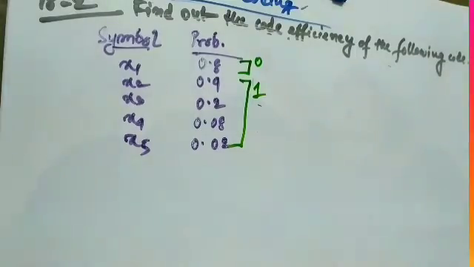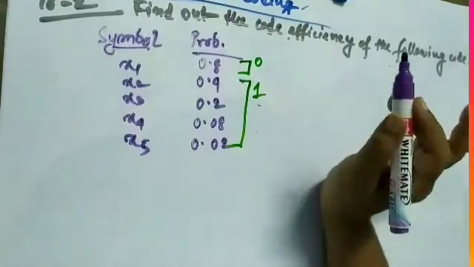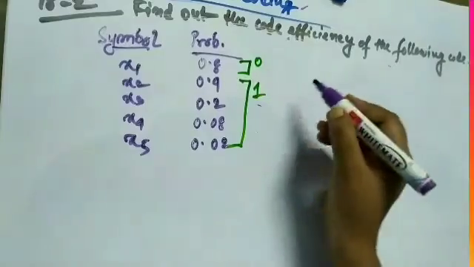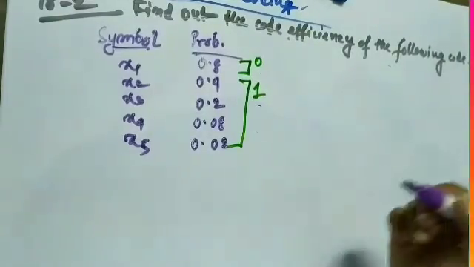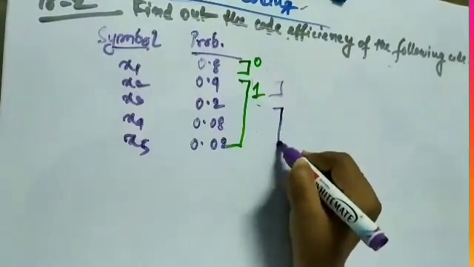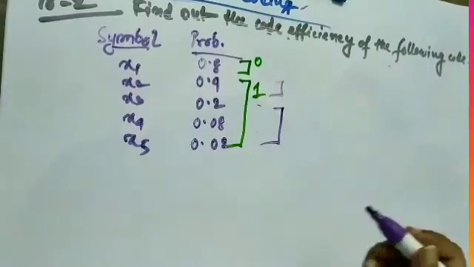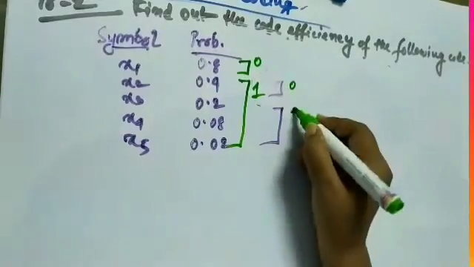Then this set has only one message bit, so it is defined. Now we come to this set. This set is again divided into subsets with equal probability. So now it will be 0.4 and 0.3. We denote them 0 and 1.